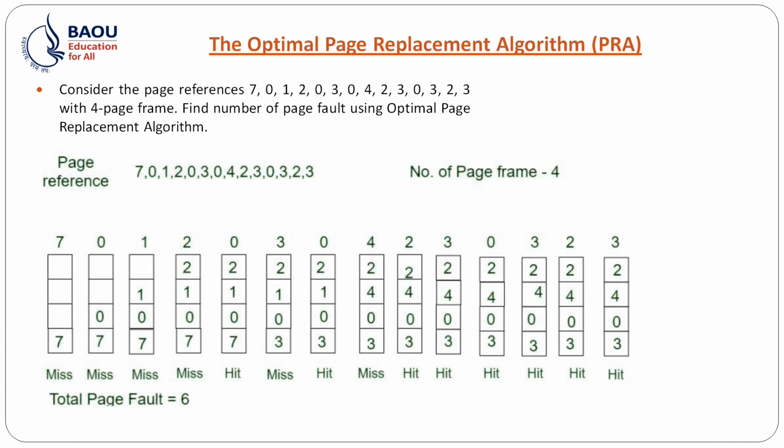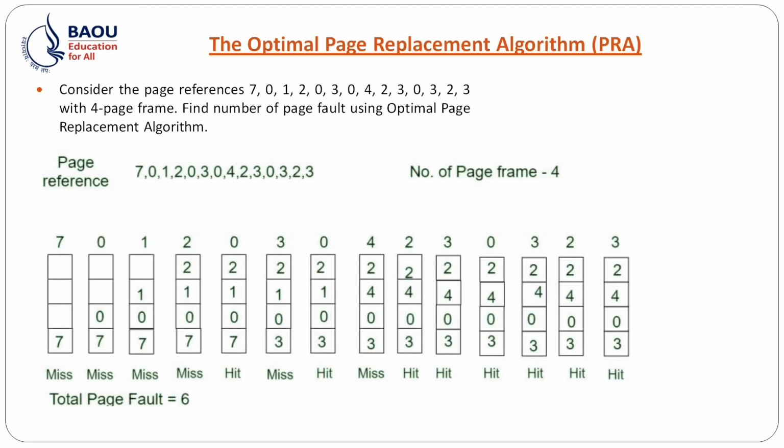The reference string is 7, 0, 1, 2, 0, 3, 0, 4, 2, 3, 0, 3, 2 and 3. There are 4 page frames, so only 4 pages can stay in the memory at one time.